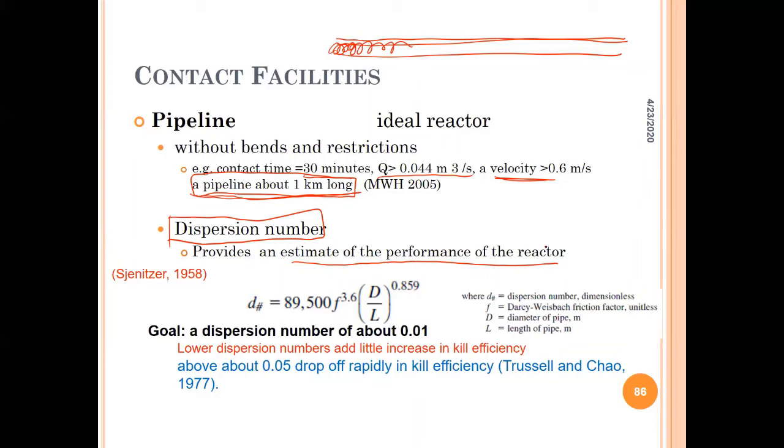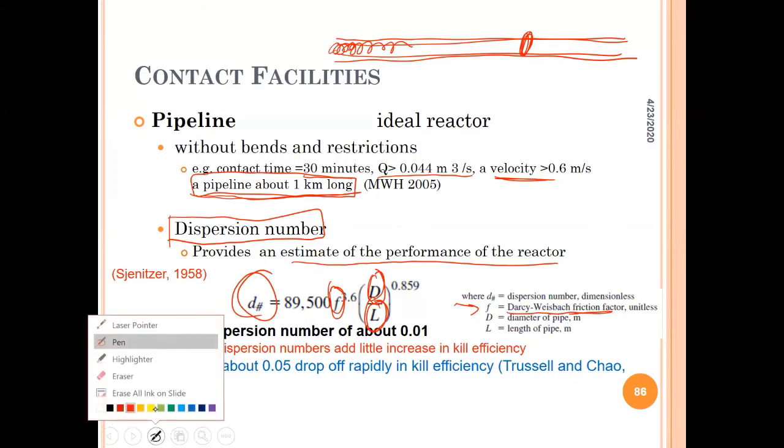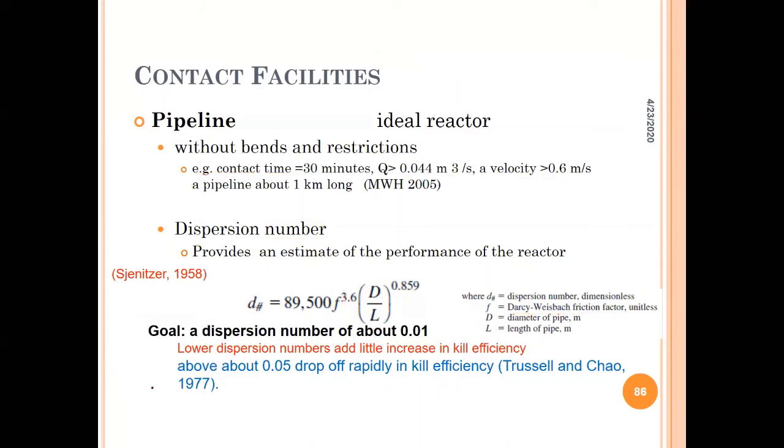This dispersion number can provide the efficiency of the performance of the reactor, because this dispersion number involves the diameter of the pipe and the length of the pipe, both, and also the friction factor, the Darcy-Weisbach friction factor f. So considering diameter, length, and friction factor, we can calculate the dispersion number, and with this dispersion number, we can estimate the performance of the reactor.